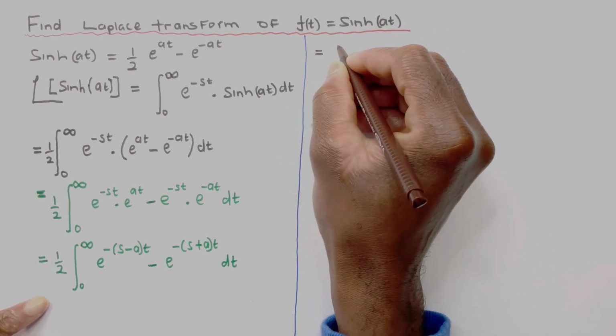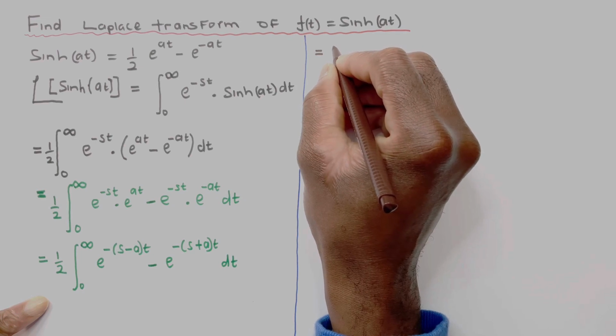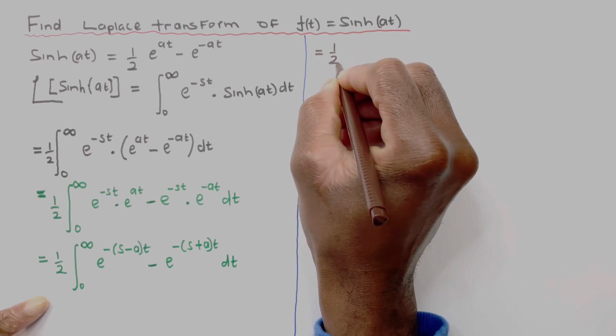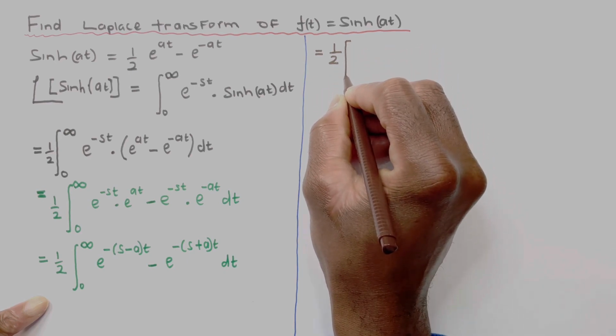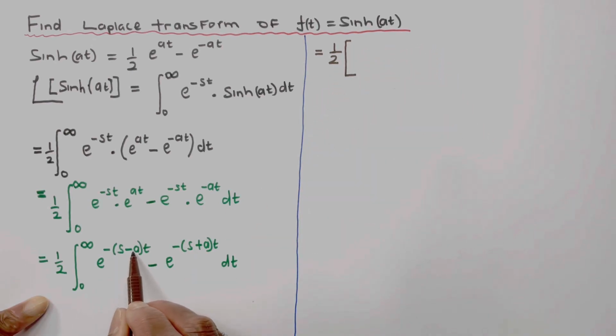And now we're going to integrate. So we have a half square bracket, and if you integrate exponential, you get exponential back, divided by the derivative of its exponent.